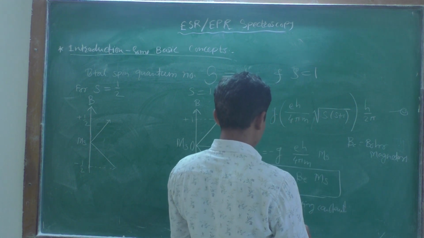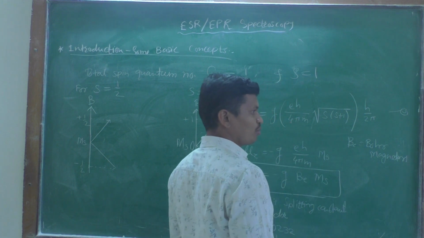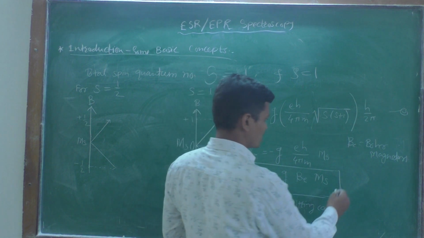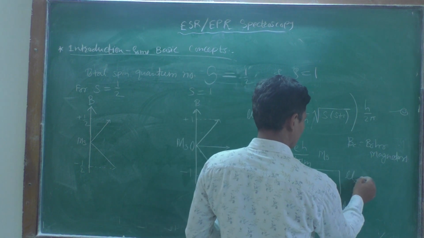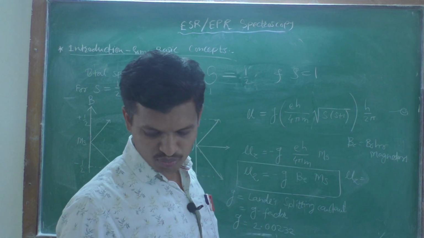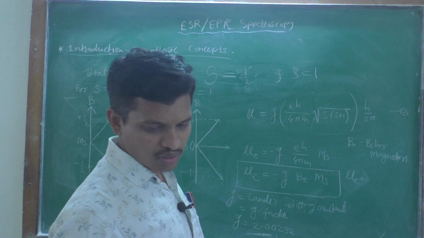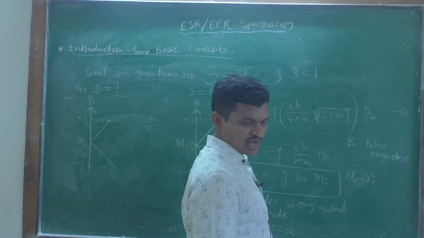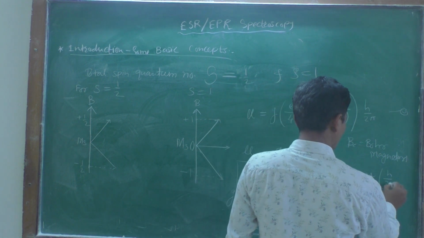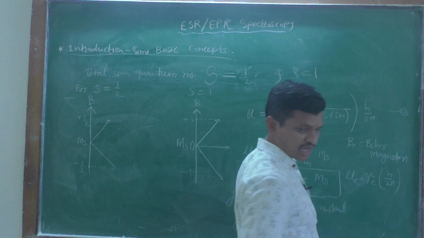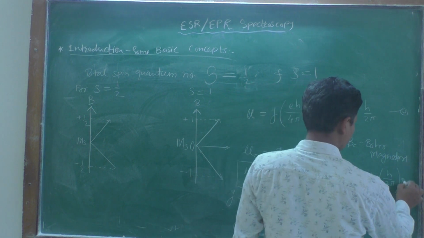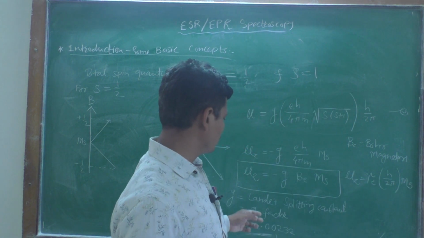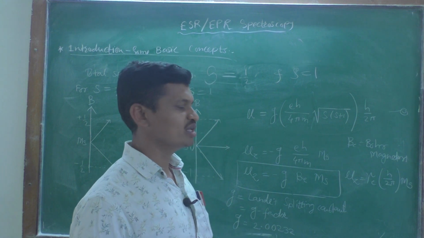This equation mu z, that is z component of magnetic moment, can also be written as mu z is equal to gamma e into h upon 2 pi into ms. Okay, so this is the equation for magnetic moment along the z direction.